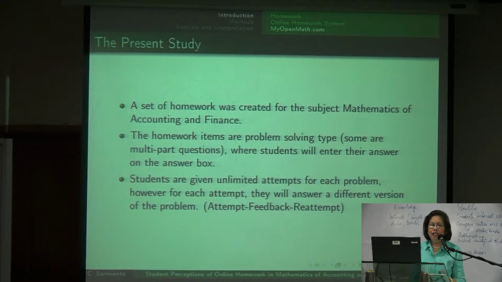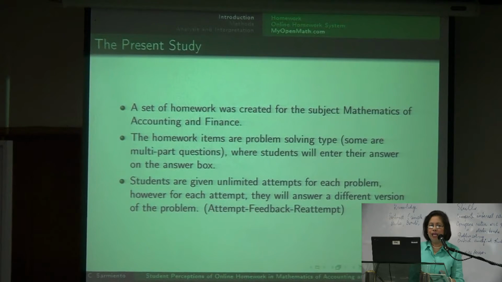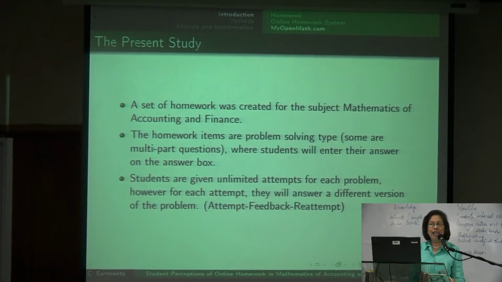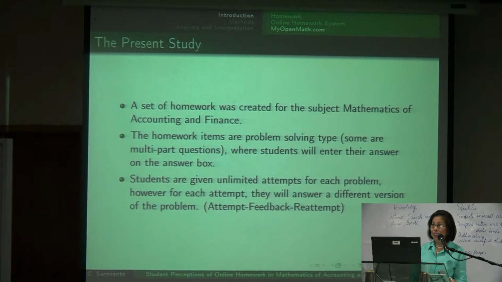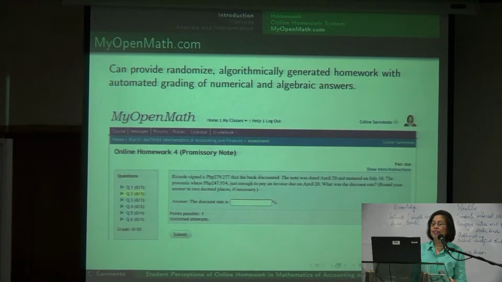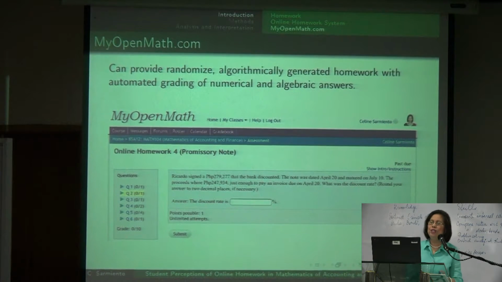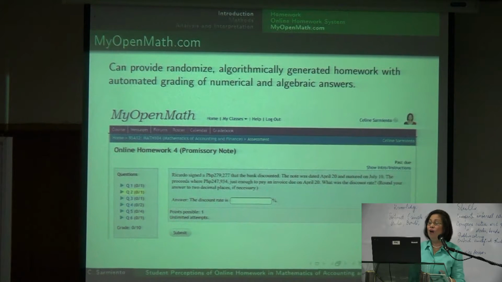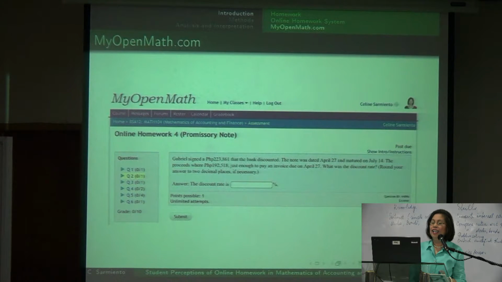So if their answer is wrong, then they will have another attempt, and it gives a similar, parallel, but not exactly the same problem as the previous one. So we call that attempt, feedback, reattempt. Okay. So it can provide randomized, algorithmically generated homework with automated grading of numerical and algebraic answers. So this is how it looks like.